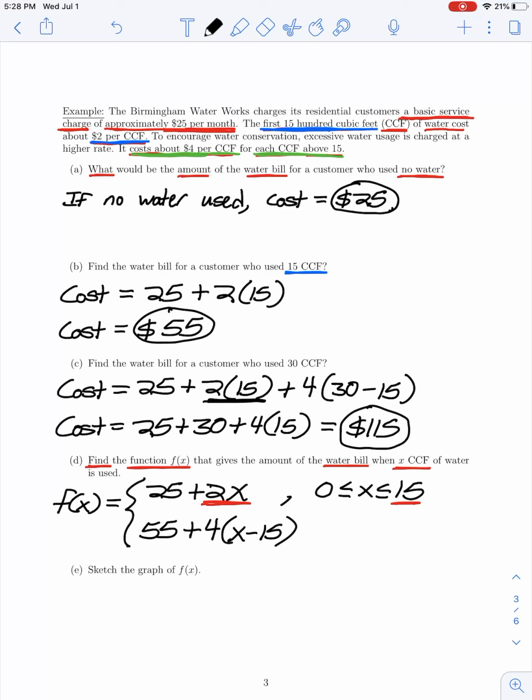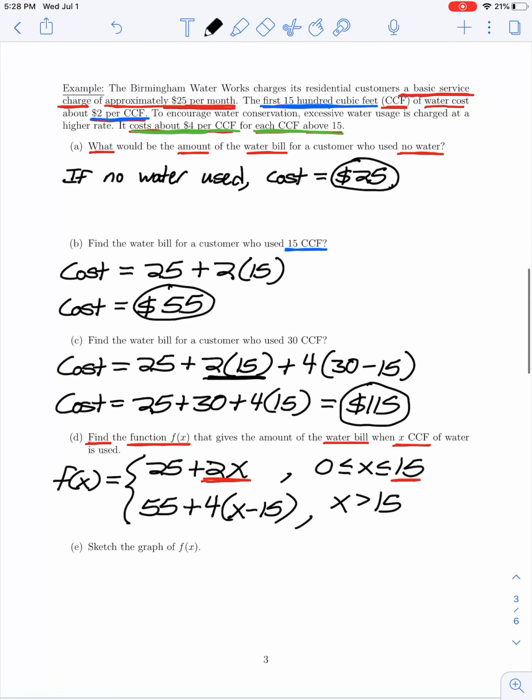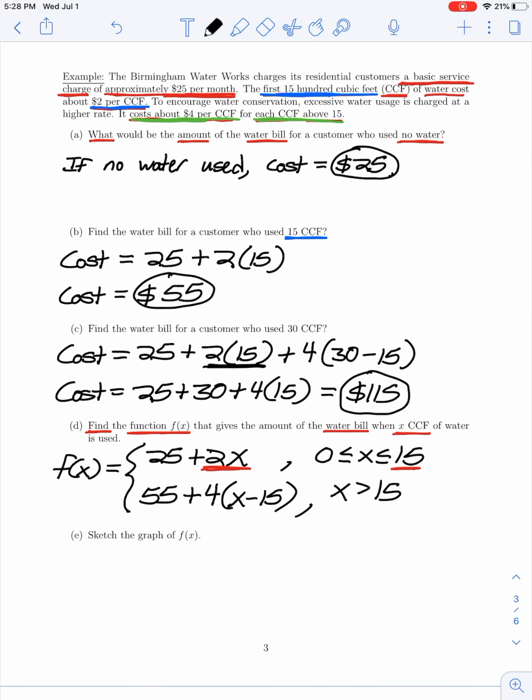So in the case that x was 30, we used 1,500 cubic feet past the initial 15, so we would have 15 over there. Or in general, we could take x minus that initial 15, and this would be if x is exceeding 15. So we have the following piecewise defined function for our water bill.